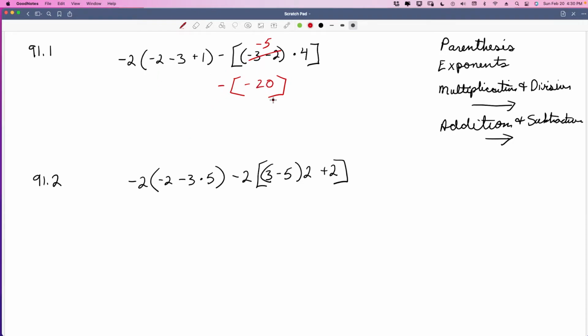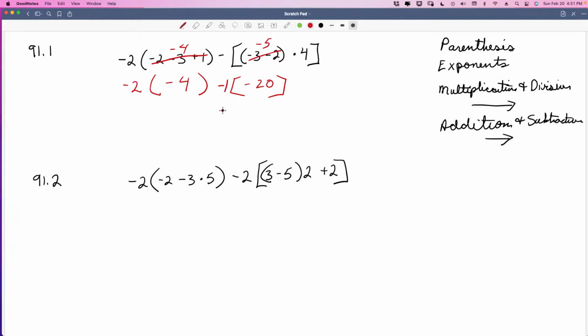So now that we've gotten this down to one set of symbols, let's get this other one set of symbols done. So -2 minus 3, that's -5 plus 1. So that's going to be -4. So -2 times -4. And whenever we have a negative sign or a minus sign in front of a parenthesis, drop a 1.